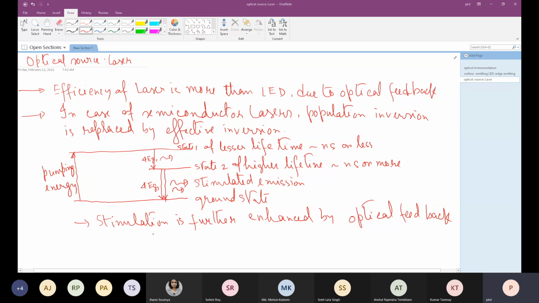Optical feedback is made by placing two mirrors. This is a fully reflecting mirror and this is a partially reflecting mirror.